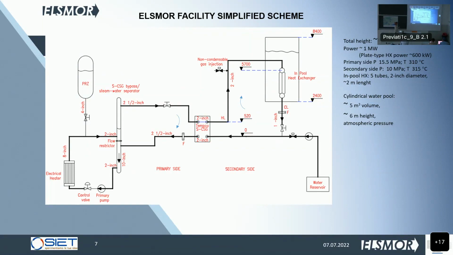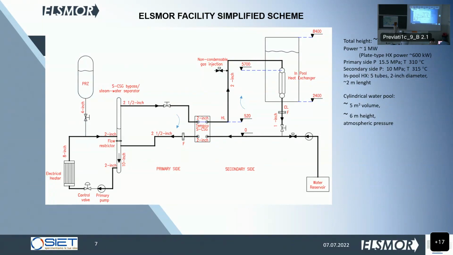First, let's speak of water. So the condition of full water. So we will have this loop that represents the primary side of the reactor. This is the plate heat exchanger. So the primary side enters this side and circulates here.